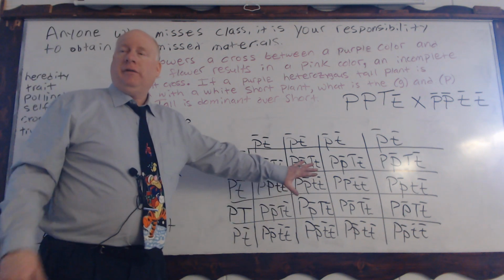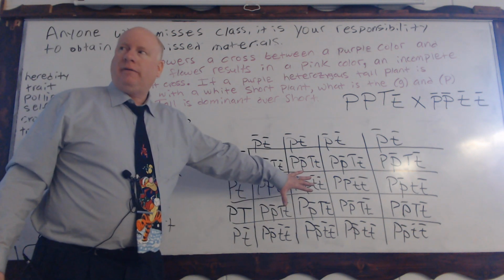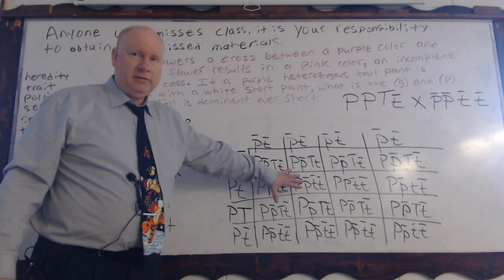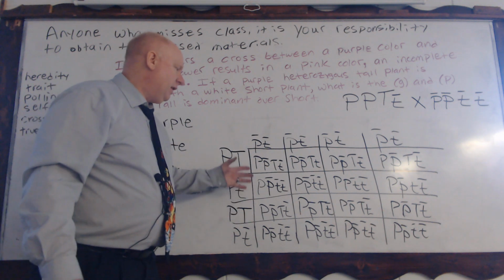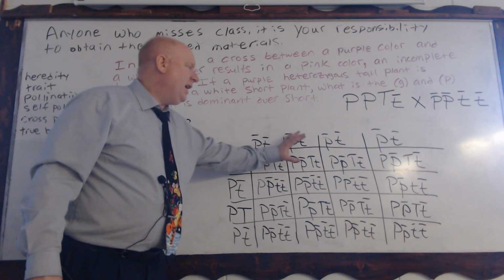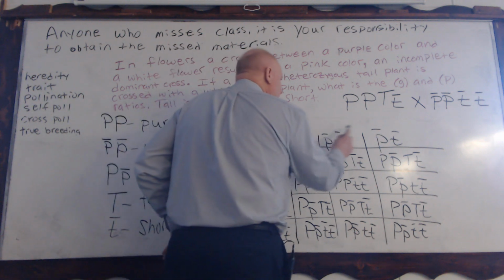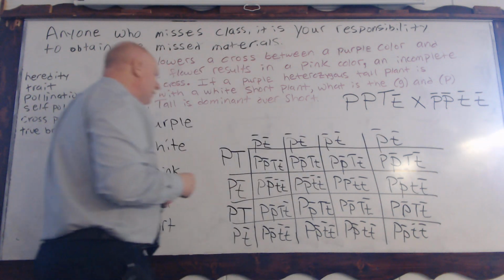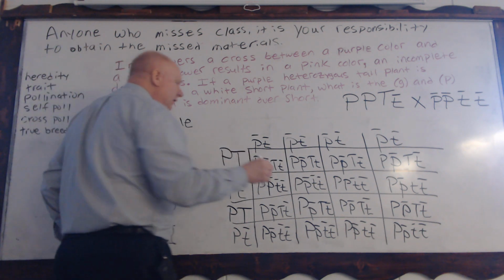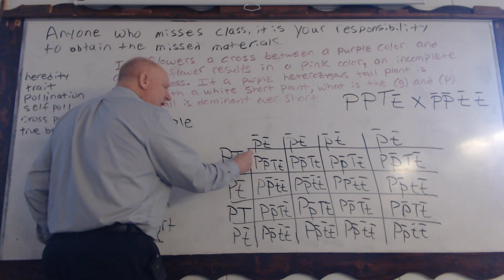If you were to stare at this long enough, your eyes are probably going to get tired, and it's all going to just look the same. That is why having these lines over the top is so important. So what we would suggest that you do is pick out a box. What is the genotype that we see here?